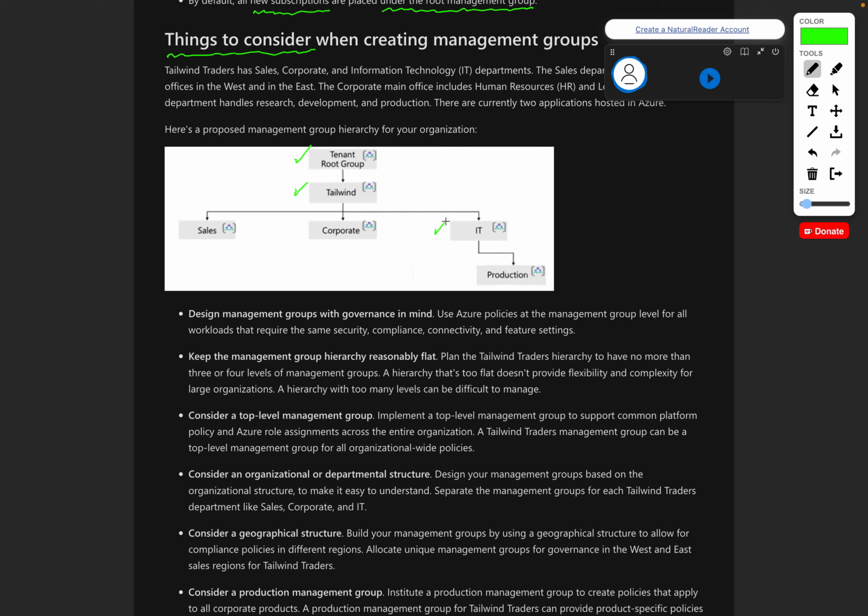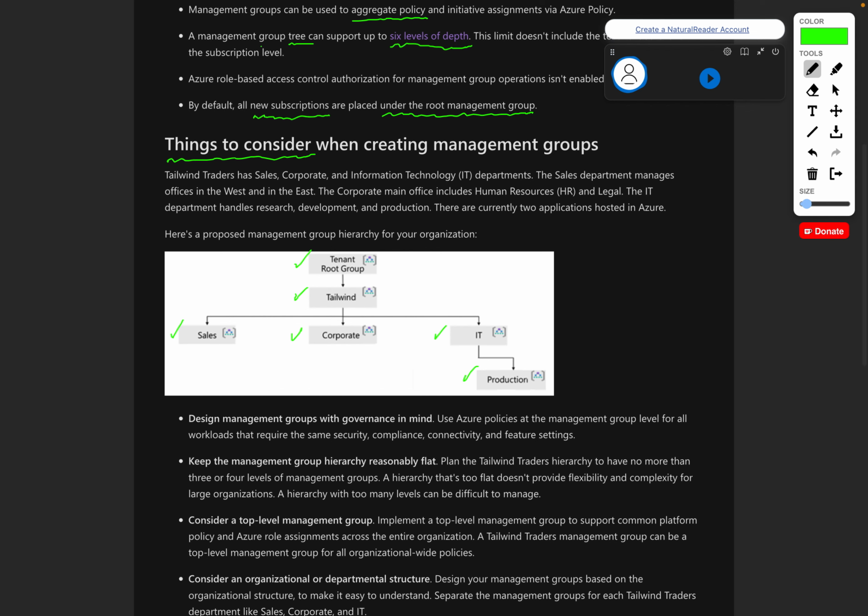So we've got the IT department, corporate, sales, and IT would also contain production. So this design exactly matches the information that we've got in this scenario. So we have sales department, corporate, information technology, IT, and so on and so forth.